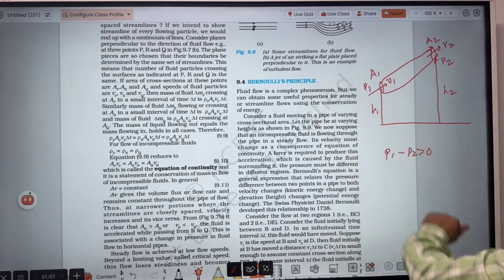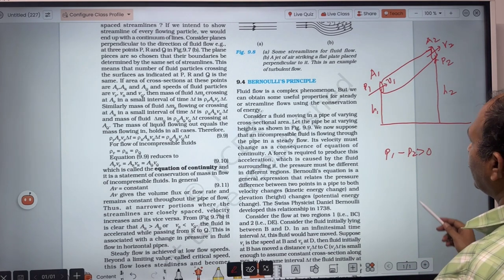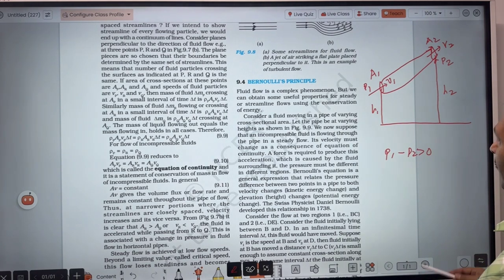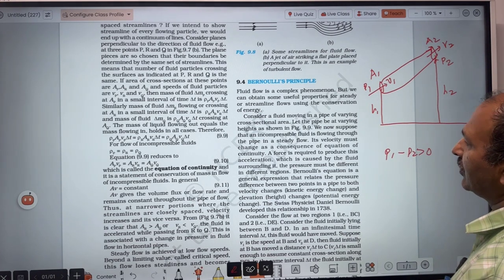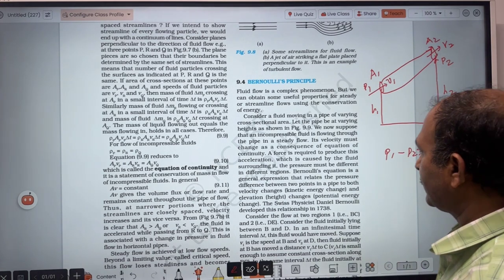Since Bernoulli's theorem is based on the principle of energy conservation, we will apply that concept: the work done must be equal to the change in energy, and we will derive a relation in which all three types of energies are involved, that is kinetic energy, potential energy and pressure energy. Let's see how.